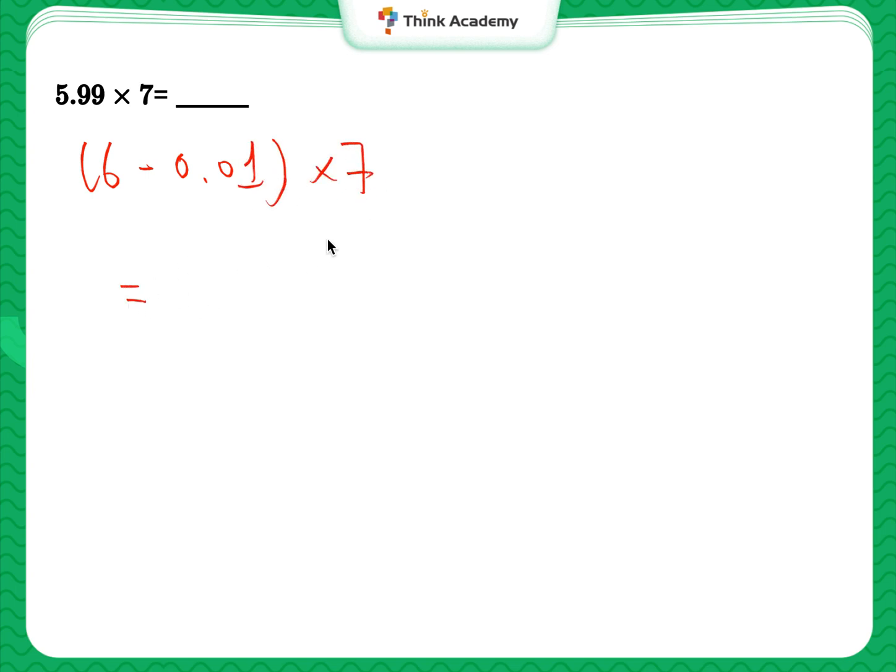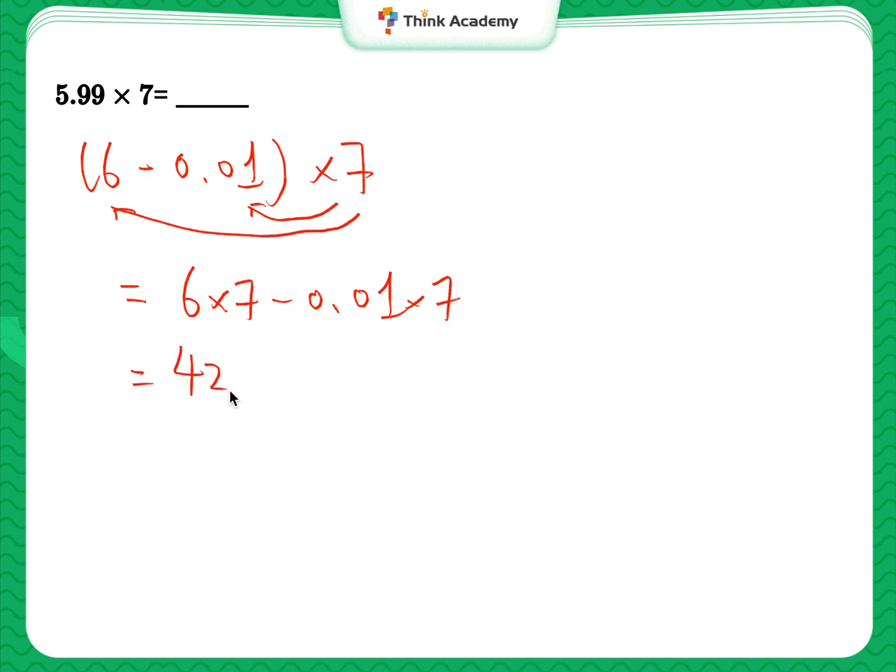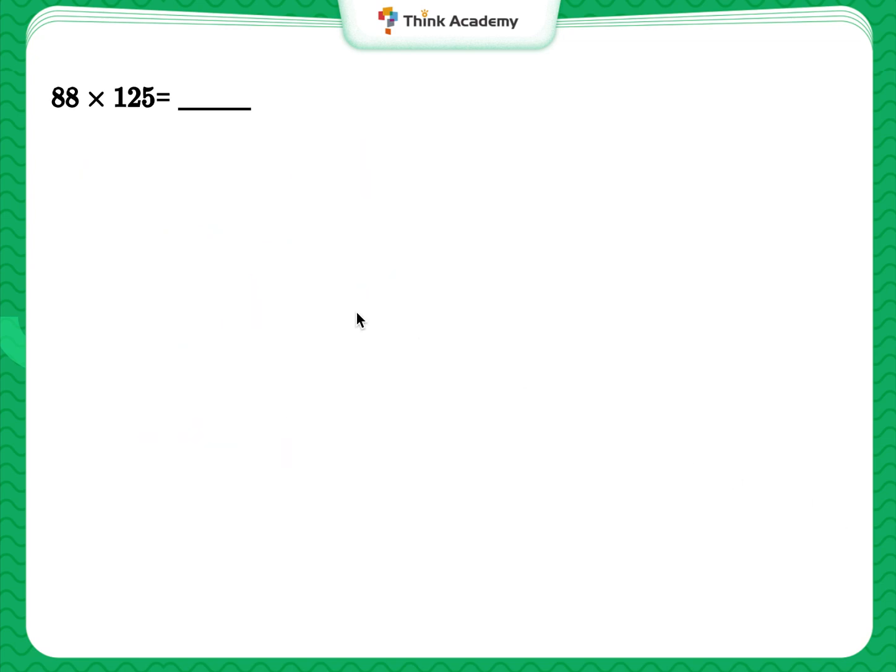And the answer is going to be 7 multiplying each and every term within the brackets, just like the previous two questions. So we have 6 times 7 take away 0.01 times 7, which is 42 take away 0.07. And that would be equal to 41.93.